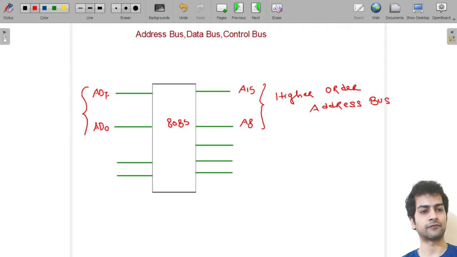But for the time being, you just note down that the lower order address bus also acts like a data bus. So A for address, D for data. So it is noted as AD7 to AD0. Suppose we write it as lower order address bus.